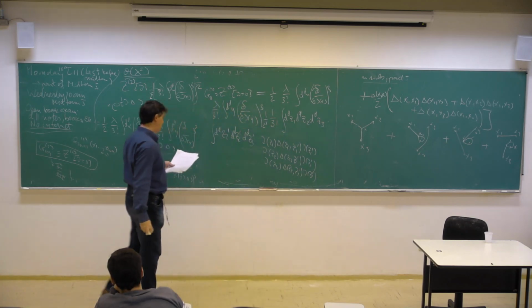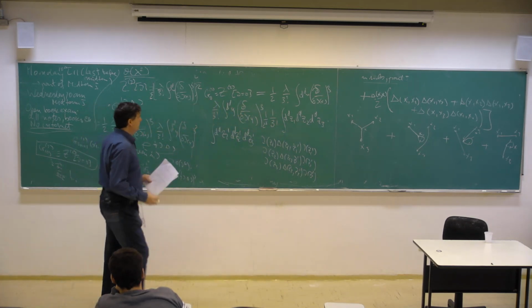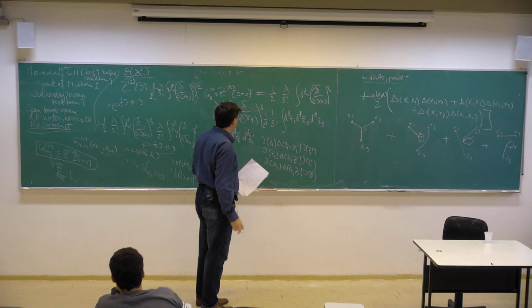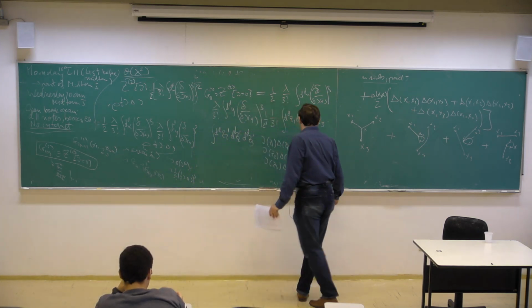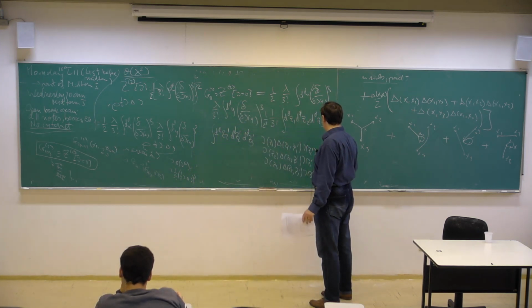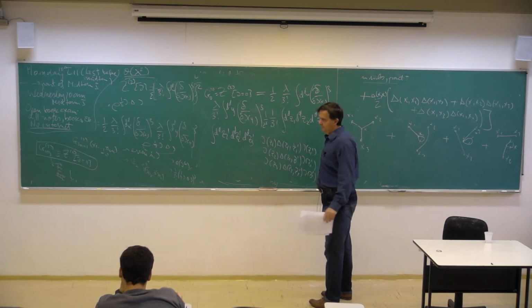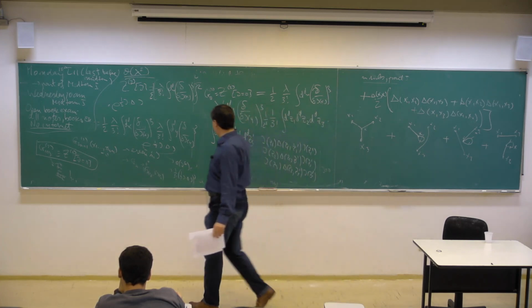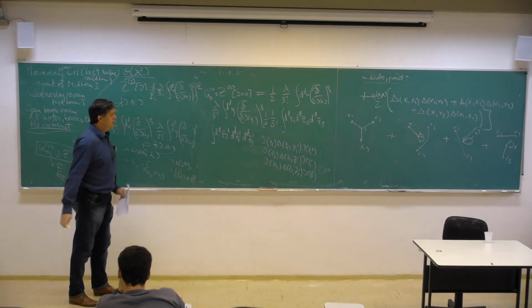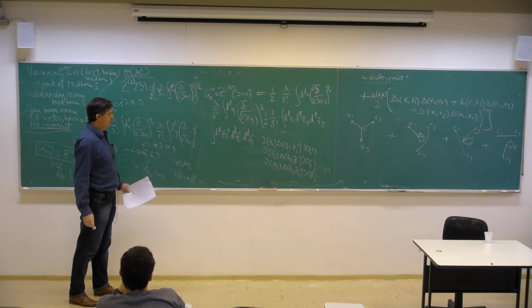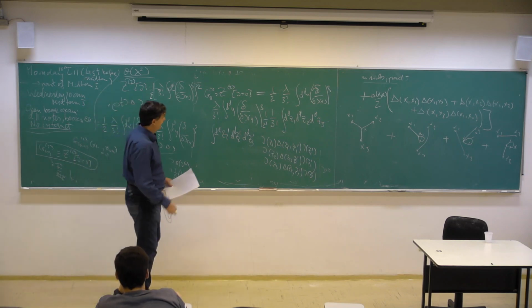Okay, so that's my thing. And then, of course, at the end, I also need to put j equal to 0. I mean, it's not really relevant anymore because I already have 6 j's, but let's put it anyway.